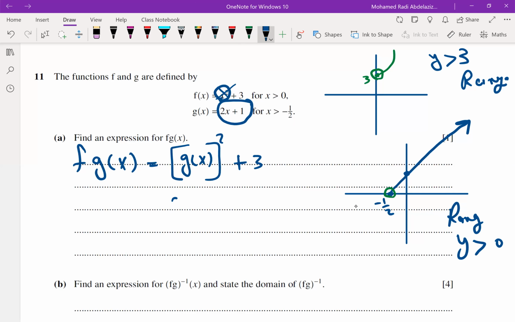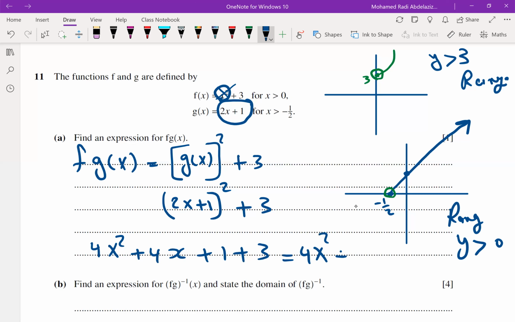Substitute g(x), which is (2x plus 1) to the power of 2 plus 3. You can expand and simplify if it is not written. If we expand and simplify, it will be 4x squared plus 4x plus 1 plus 3. So the final answer would be 4x squared plus 4x plus 4.